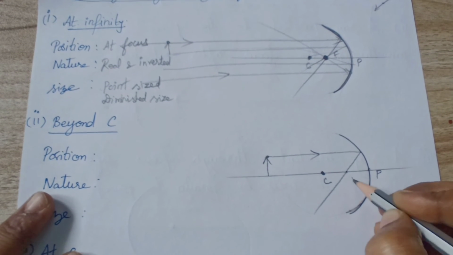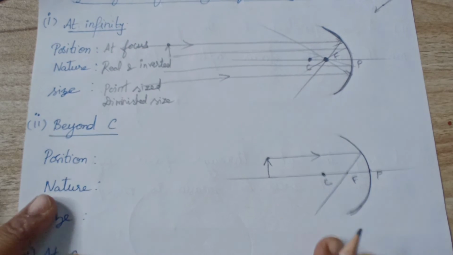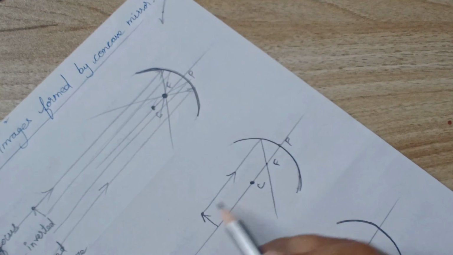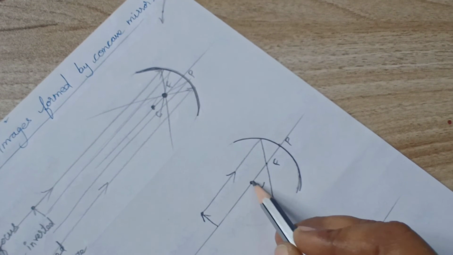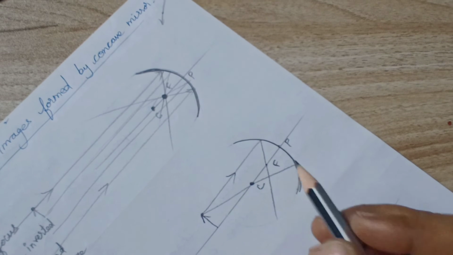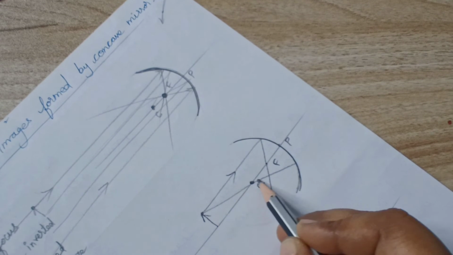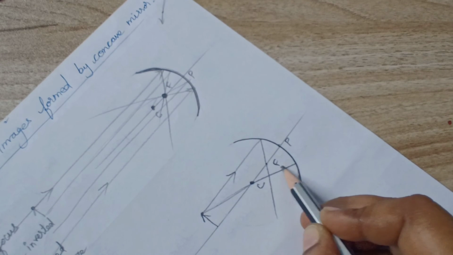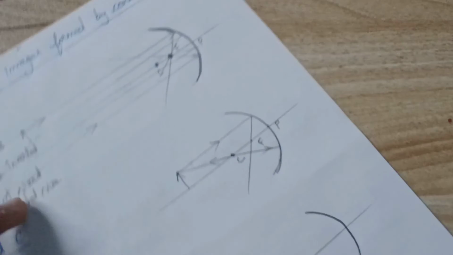This is your F. One more ray passes through the center of curvature. You know that when a ray passes through the center of curvature, it will be reflected back in the same path.